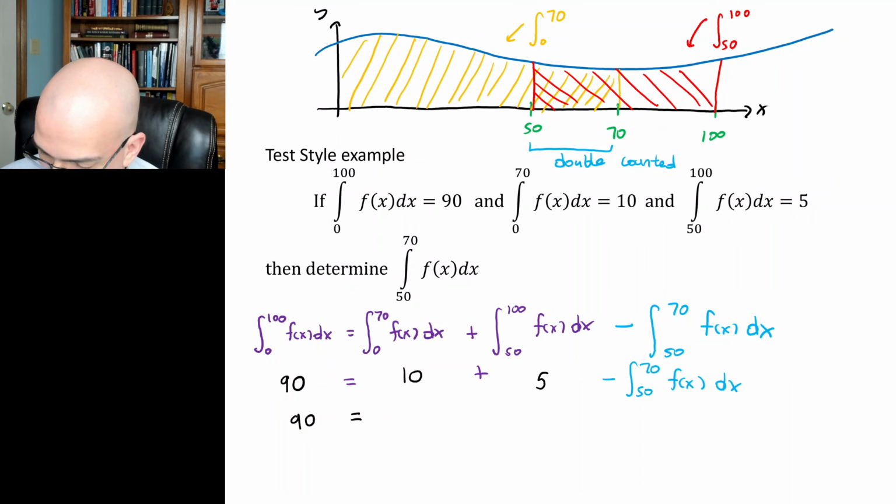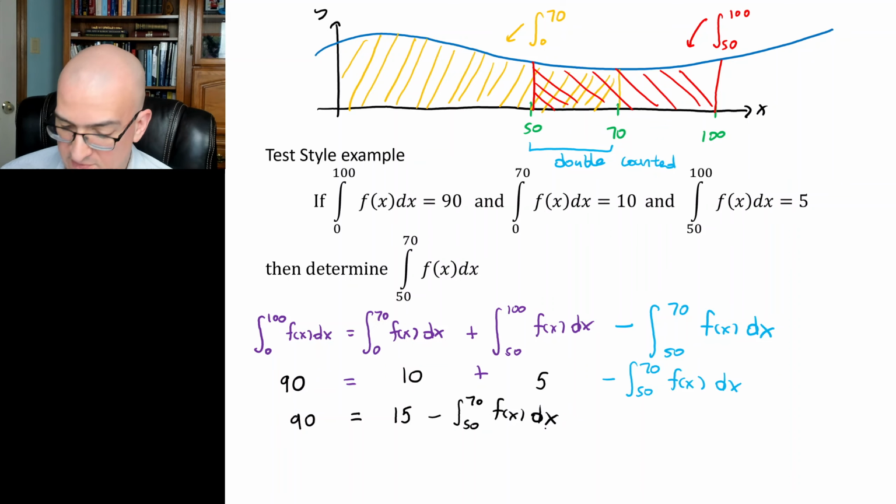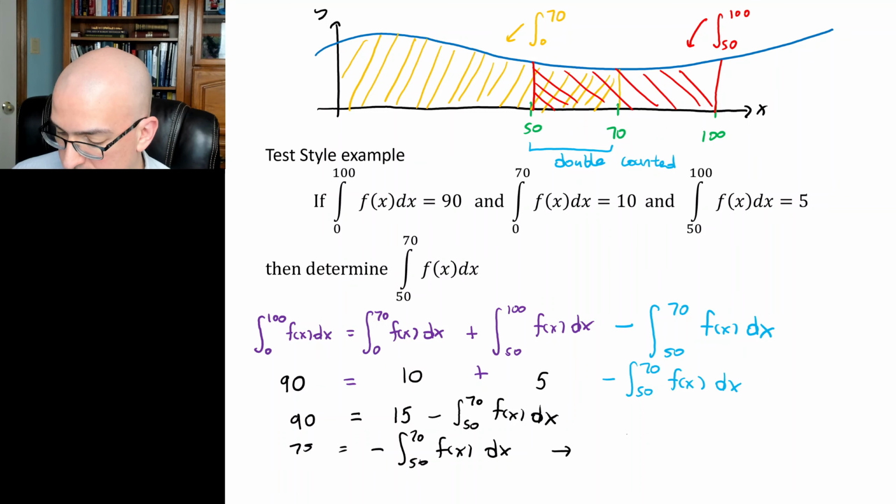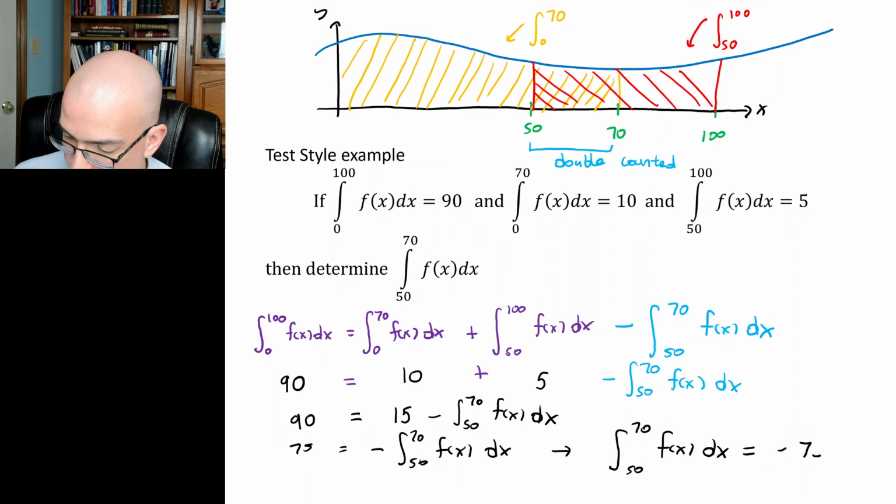So 90 is equal to 15 minus the unknown. Subtract 15 from both sides. So 75 is equal to negative of what we want. And that means the integral from 50 to 70 of f of x dx is equal to negative 75.